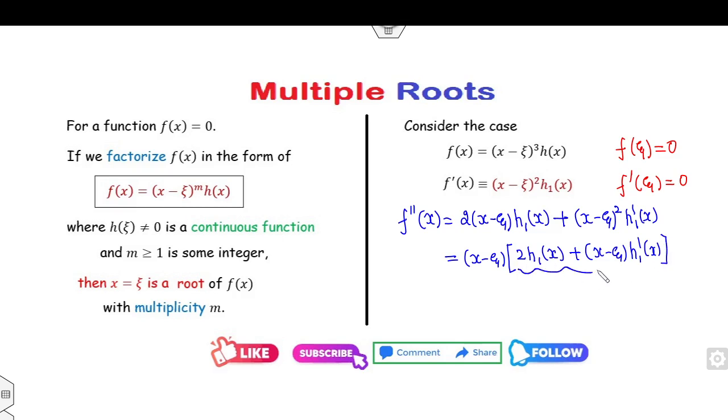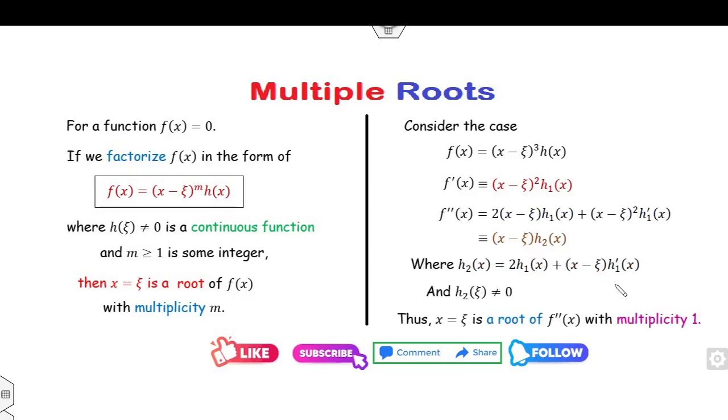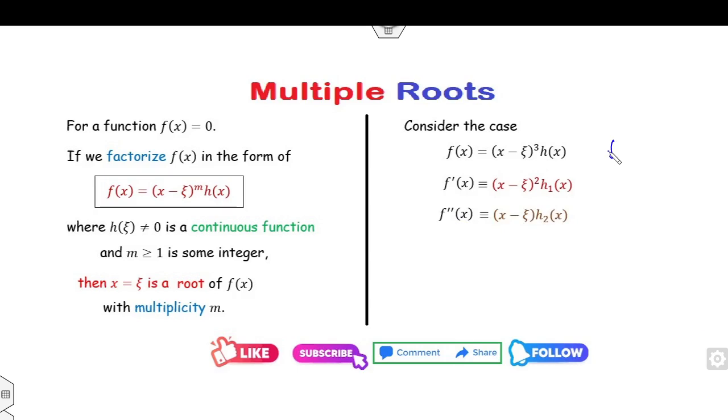And h2(x) is non-zero because h1(x) is non-zero. So x equal to xi is a root of multiplicity 1 of f''. Now you can see that f(xi) is 0, f'(xi) is 0, f''(xi) is 0.